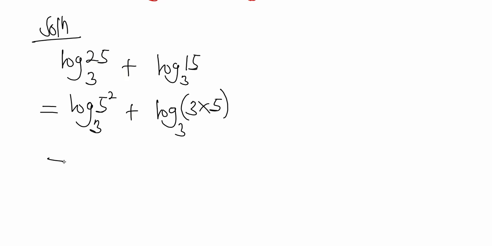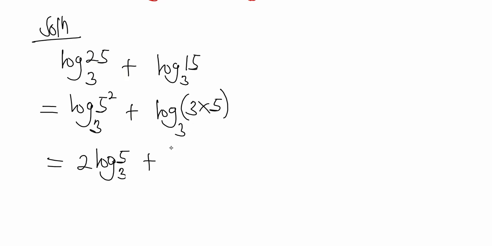Now, when we look at logarithm of 5 exponent 2 base 3, it can be rewritten as 2 logarithm of 5 base 3. This is a typical application of the laws of logarithms. Now we have plus. When we look at logarithm of 3 times 5 base 3, it has been written as a single logarithm, and we can expand it by using the laws of logarithms.